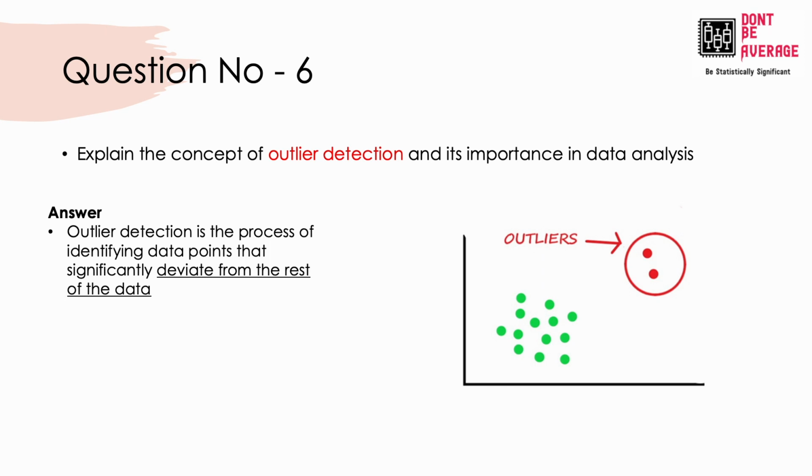For example, let's say you are looking at the data of income of a set of people, and for most of the cases, it ranges between 30,000 rupees to 60,000 rupees. But suddenly, if you see a number like 5 crore in that data set, that is an abnormal observation, and it is quite possible that it has been introduced due to some human error.